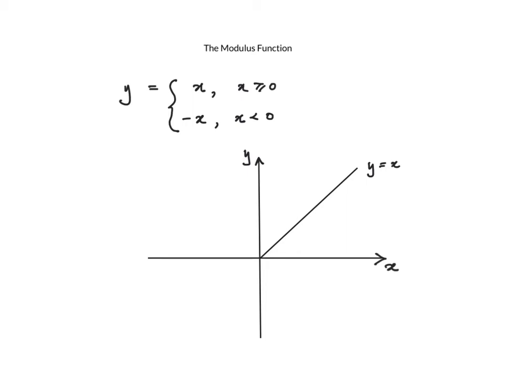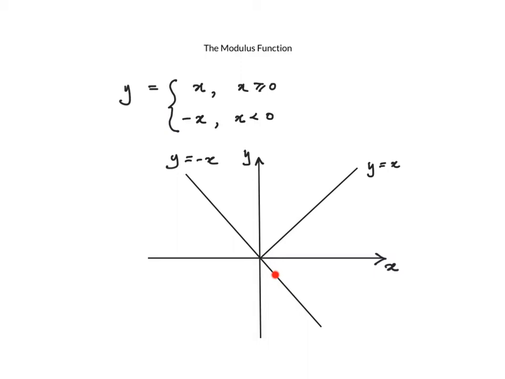Now the second part of this modulus function, y equals minus x when x is less than 0. So we have a line like so. That's the line y equals minus x. Now once again, we're only interested in this y equals minus x when x is less than or equal to 0.